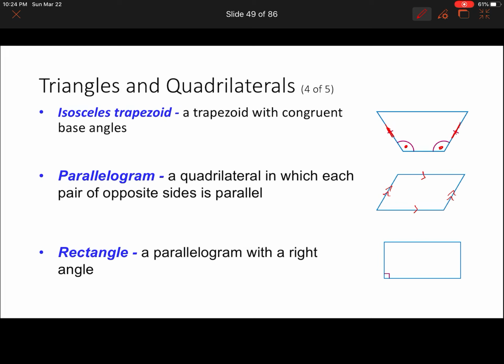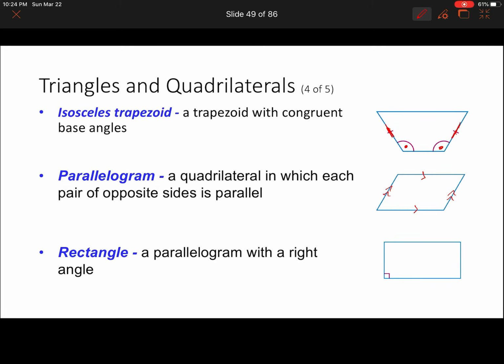And the next one is what we call a rectangle. You know what a rectangle looks like. And if you'll notice, the definition says it's a parallelogram with a right angle. Well, again, based on how sides and angles relate, if one angle in a parallelogram is 90 degrees, it means that every other angle is also 90 degrees. And again, we're not going to prove that.